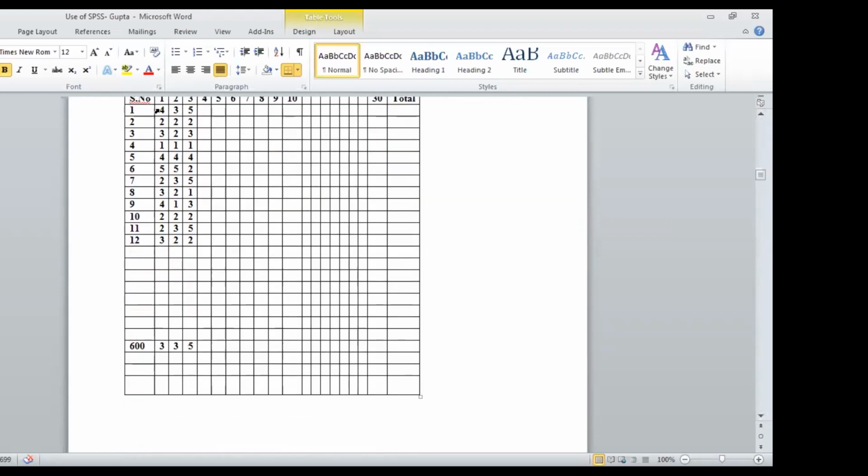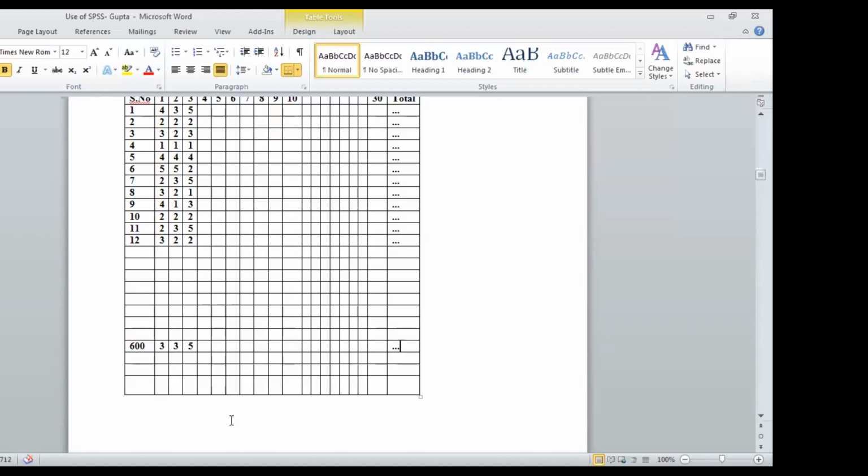Now what you can do is that from this, you can add all these scores here and you will get the total score.